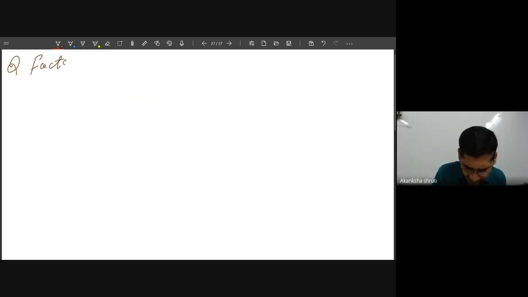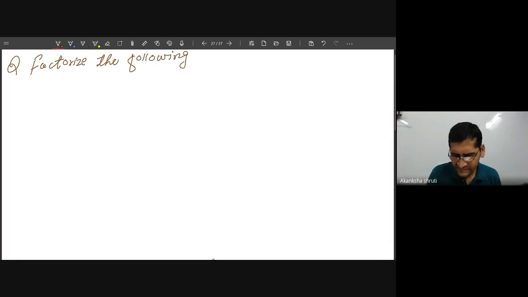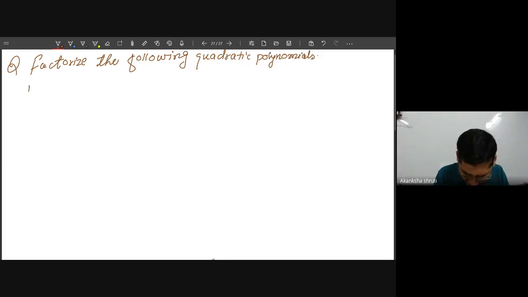Factorize the following polynomials. So let me take the very first one as x square minus of 5x plus of 6.